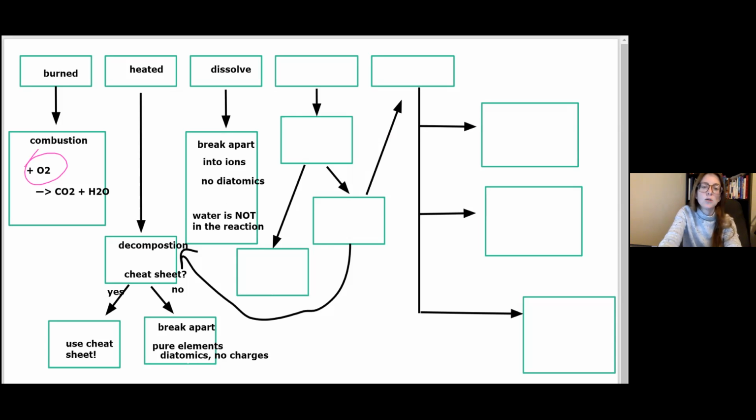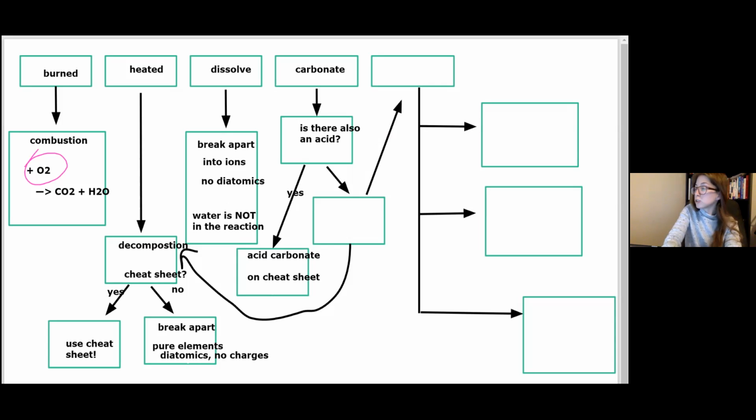And then the last keyword I tell you to look for is carbonate. So if it says carbonate, first ask yourself, is there also an acid in the problem? Like, does it also mention nitric acid or sulfuric acid or hydrochloric acid? If yes, we're dealing with an acid carbonate. That's on your cheat sheet, so you just have to remember to follow it.